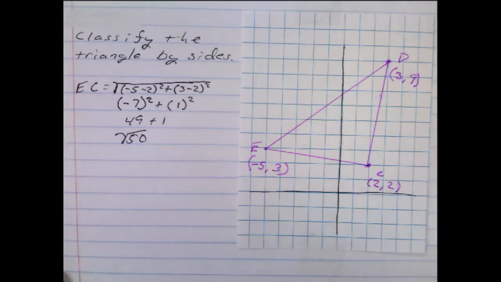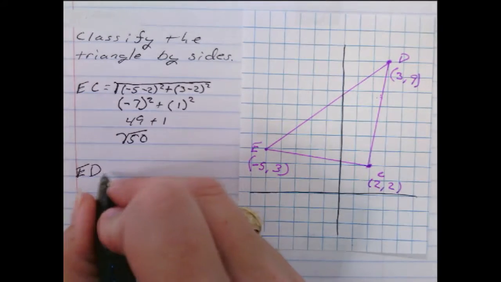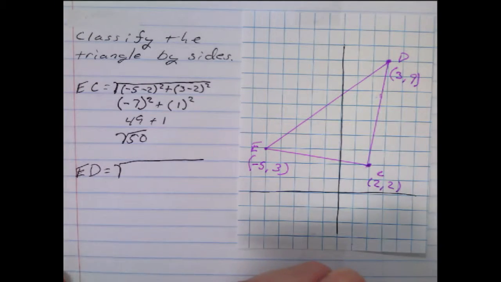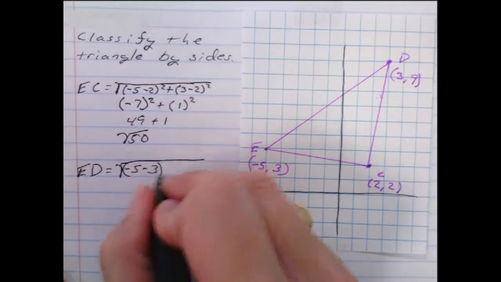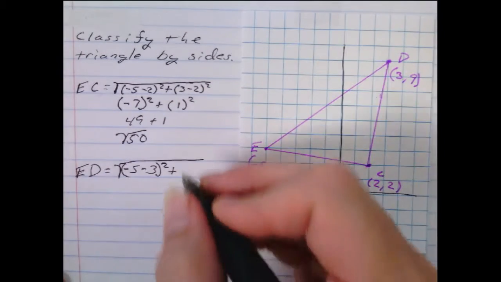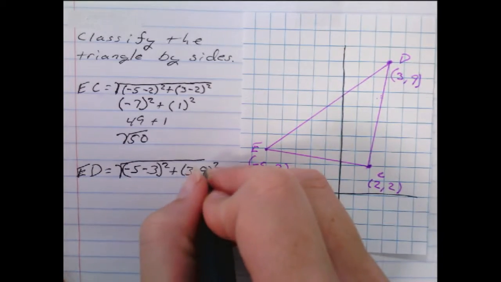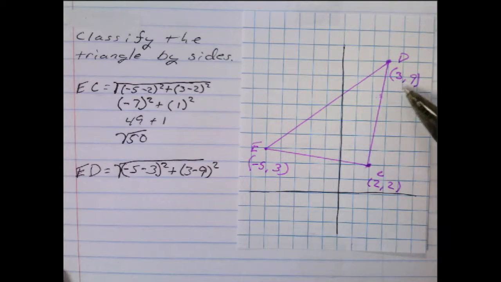So then the next side that I'm going to work on is ED. For ED, I'm doing square root of negative 5 minus 3 squared plus 3 minus 9 squared. So I use these coordinates here and then up here.